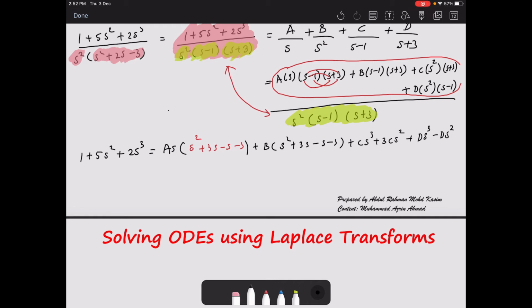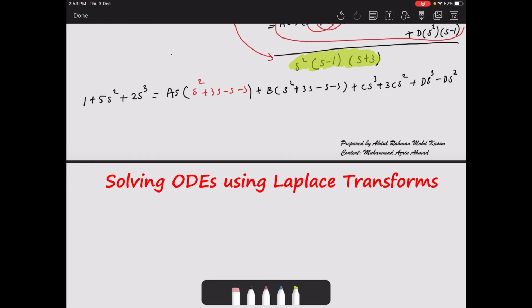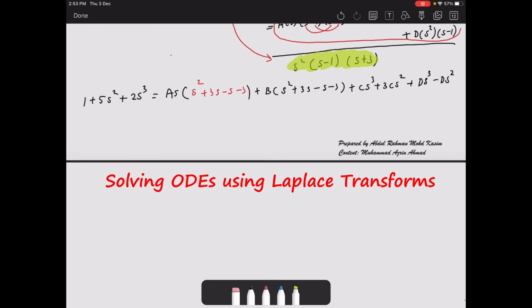Right. Okay, so now, to make it clear, you can expand it again to get the single term for this one.